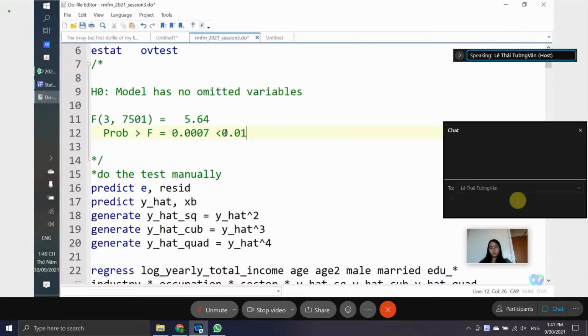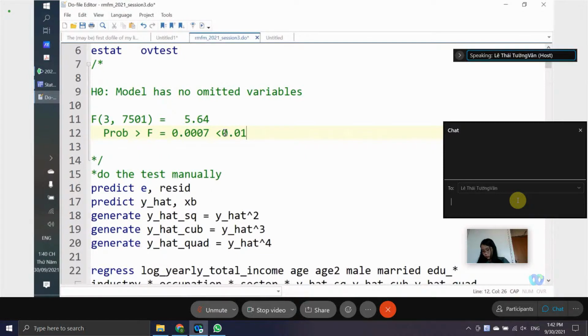And if it is smaller, it means that if you reject the null, the probability of making a mistake is about 0.7 thousandths. Yes, right? And your tolerance level is 1%. Is that true? Yeah, the margin of error is even smaller than 1%.